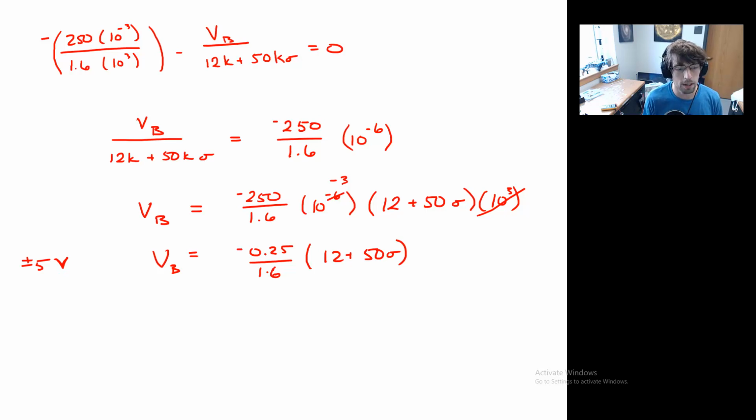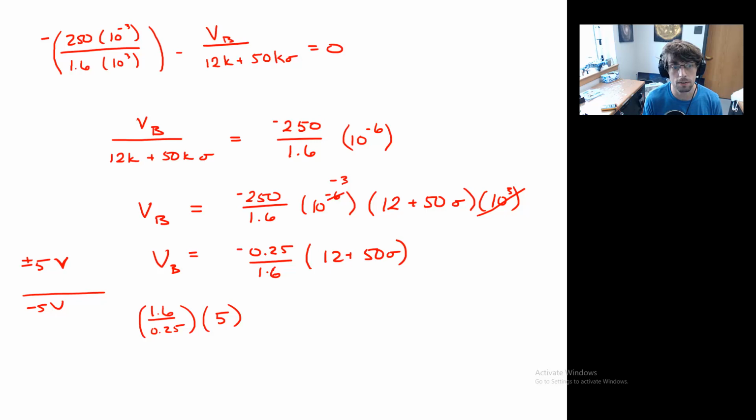So let's go ahead. VB, since we have an inverting kind of thing, let's go ahead and substitute in -5 volts. That's what our saturation will be. And yeah, let's go at it. So we have 1.6 over 0.25 times our 5 volts.